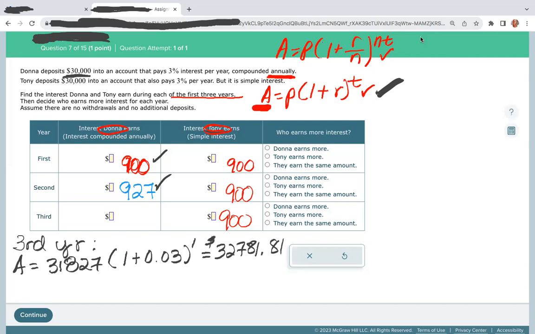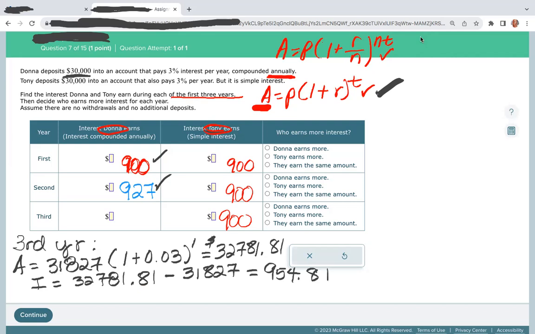So now, guys, wait, there's more. We got to calculate how much interest was earned on the third year. So we started out with $31,827 and we went to $32,781.81. We're going to subtract what we started with, which is the $31,827. And this turns out to be a total of $954.81.